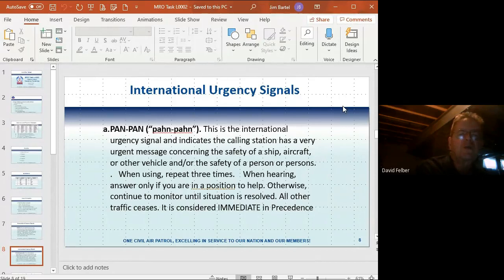Otherwise, continue to monitor until the situation is resolved. All other traffic ceases. It's considered immediate in precedence. So pan: urgent message concerning the safety of a ship, aircraft, or other vehicle, and the safety of a person or persons. Okay?